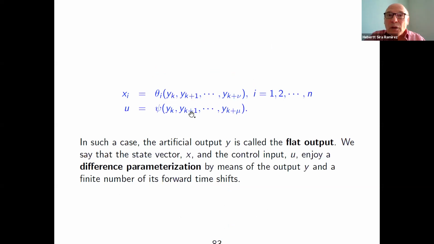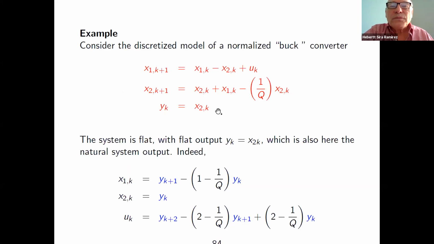Remember, the flat output is an artificial output, but it's not a foreign variable to the system. It's an endogenous variable. It's something that can be built in terms of the states and possibly the inputs, but we are excluding the input for the time being. So the output x2 is a flat output. Why?